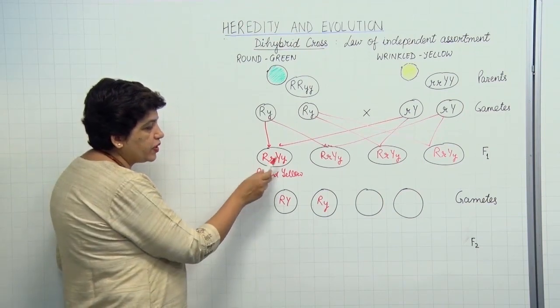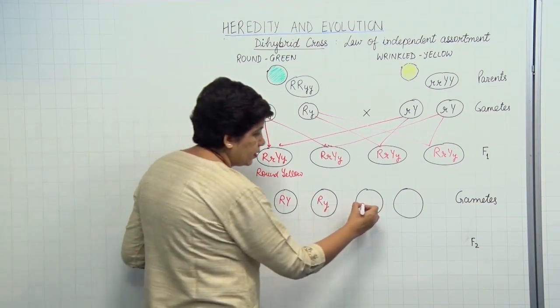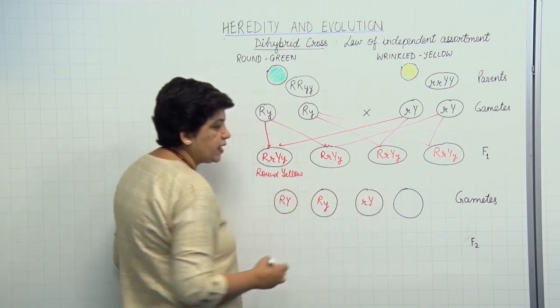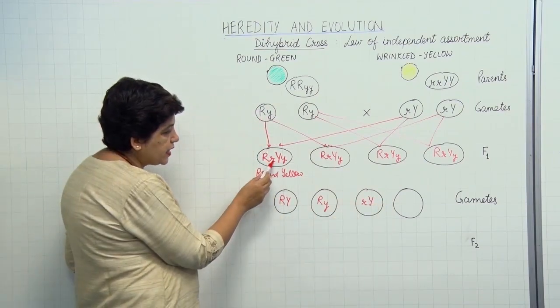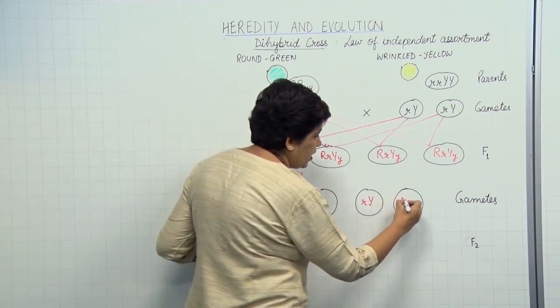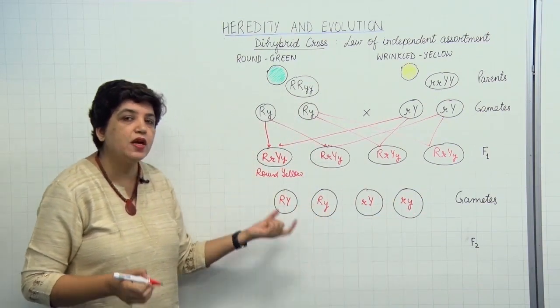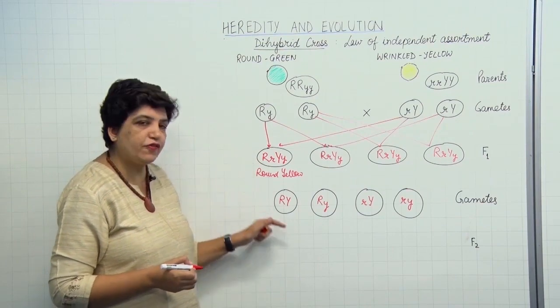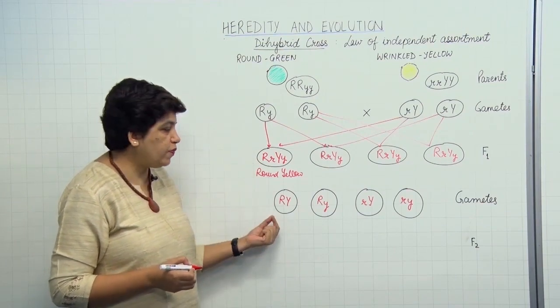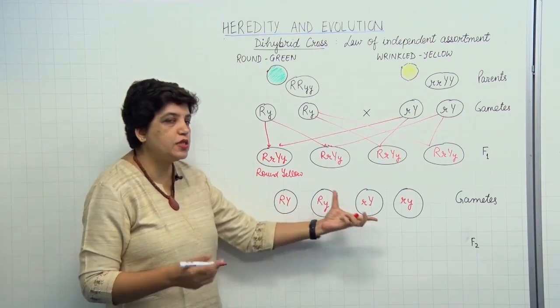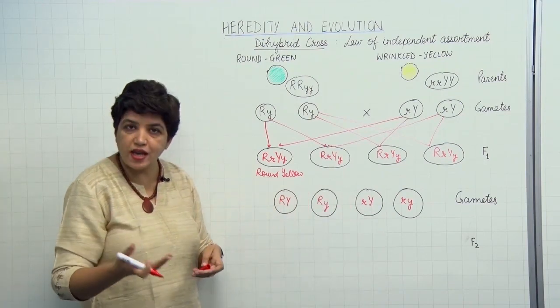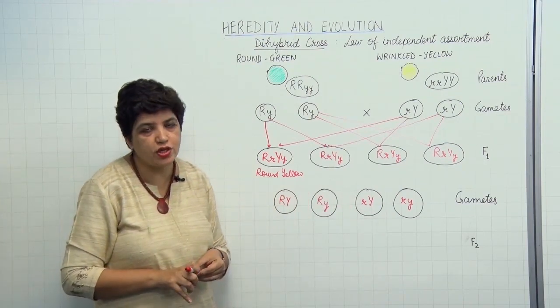Then the small r may pair with the capital Y. This is the third type of gamete formed. And lastly, small r with small y. So these are the 4 different types of gametes formed from the F1 generation. During self-pollination, any of these will fuse together to form the F2 generation, or the second generation.